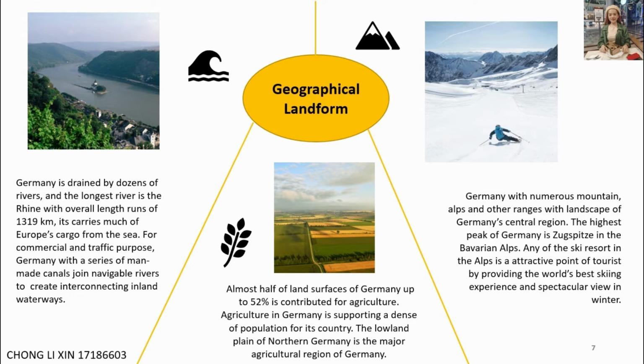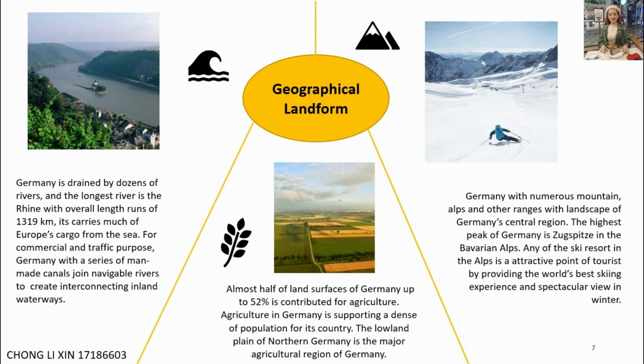Almost half of Germany's land surface, up to 52%, is contributed to agriculture. The agriculture in Germany is supporting much of the population of the country. The lowland plain of northeast Germany is the major agricultural region for Germany.